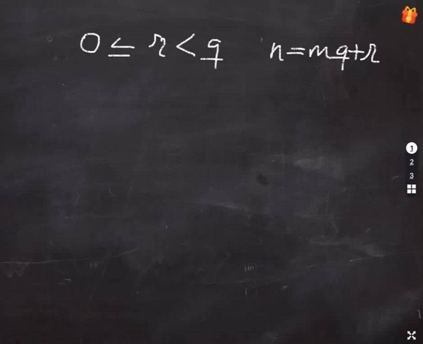What this is telling you is that you can divide a natural number n by a positive number q to obtain a quotient m, which is in turn again a natural number, plus a remainder r, which is less than q.